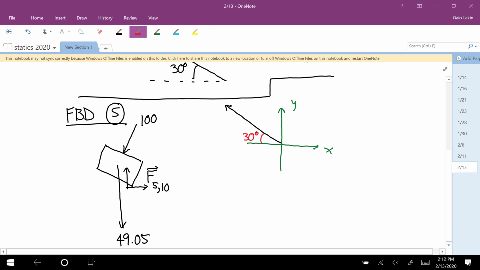And then we know that that's perpendicular to the force we want. Try to make those look perpendicular. Okay, so these are perpendicular.